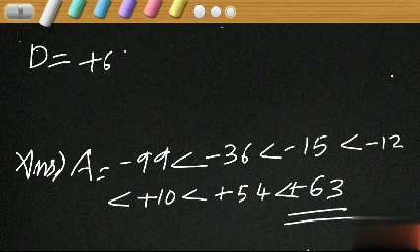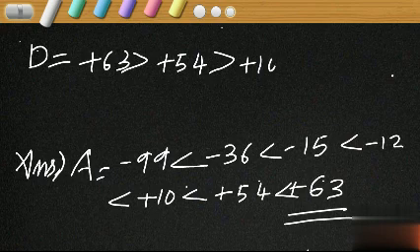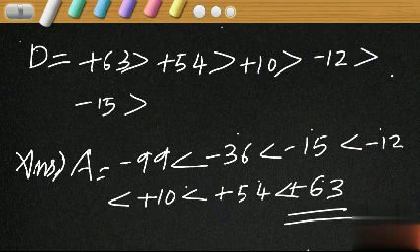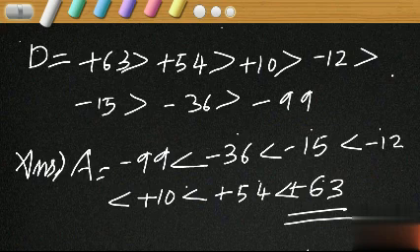So, plus 63, then comes our plus 54, then plus 10, then minus 12, greater than minus 15, greater than minus 36, greater than minus 99. This is the required descending order.